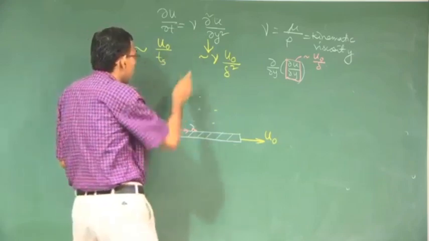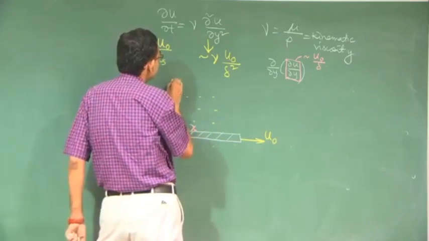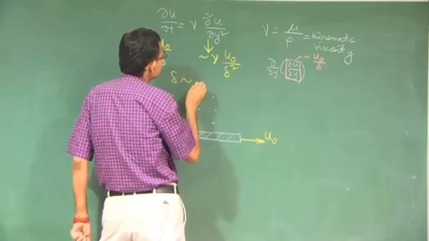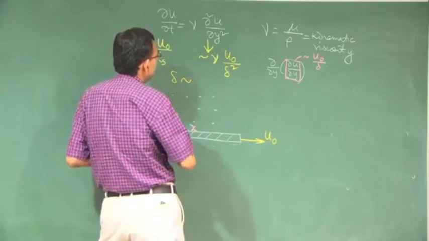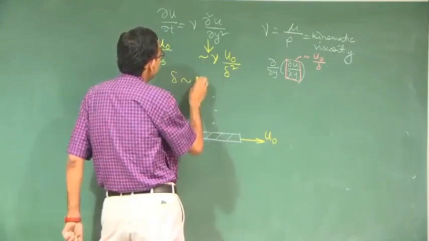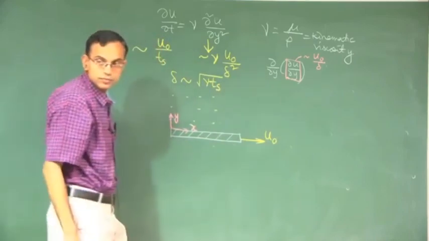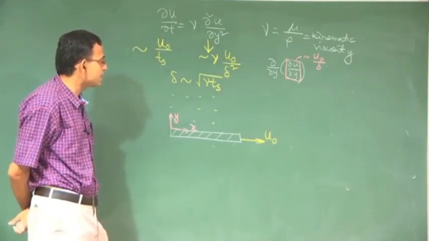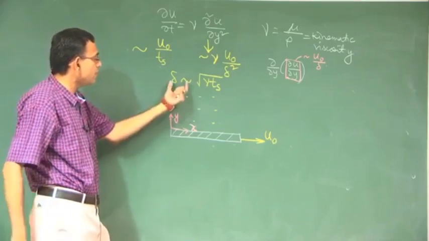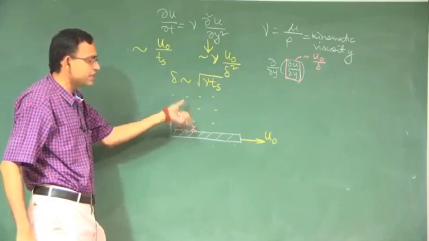So, if you equate the order of these two, then delta is of the order of square root of nu into Ts. So, at a time Ts, you get a feel of the order of magnitude of the penetration layer.